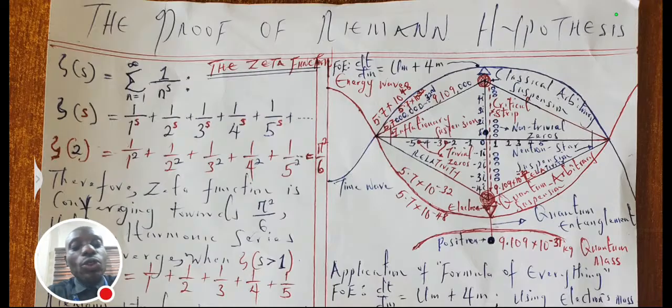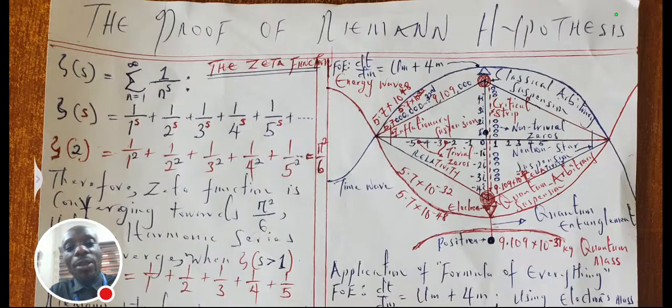If you really want to know how this formula is derived, when you watch my videos on YouTube, you can see the link to the published copies in the description section of my video. When you get linked to that, you can get my published research, and there you can see the derivation of the formula of everything.